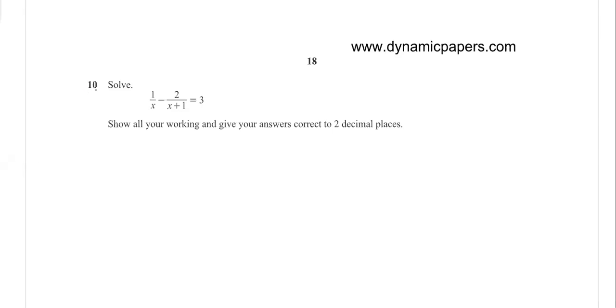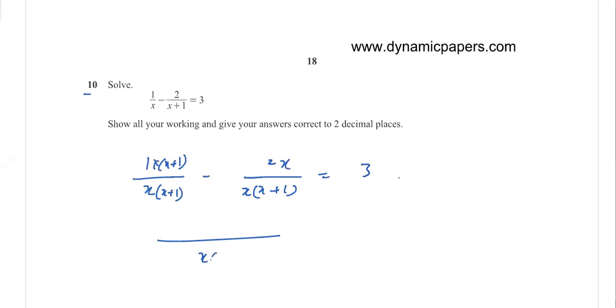Question number 10: 1 over x minus 2 over x plus 1 equals 3. Take the LCM of this one or make the denominator similar. How can we make the denominator similar? Up and down multiply x plus 1 with this one, and up and down multiply with x for this one.